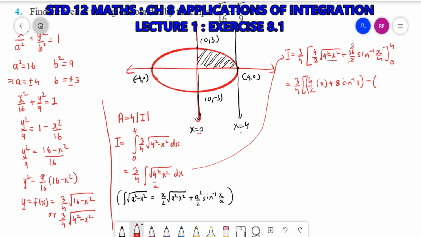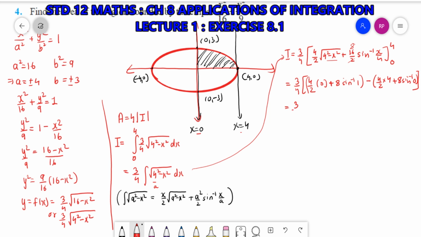Minus, now it's 0, 4 by 2, 4 square minus 0 square, that is square root of 4 square, plus 8 sine inverse 0.